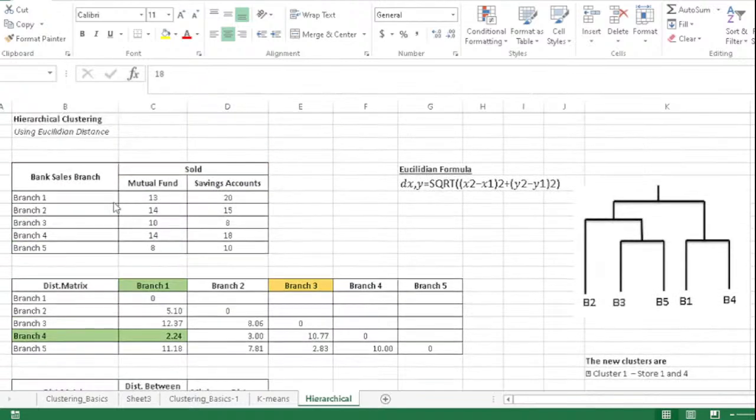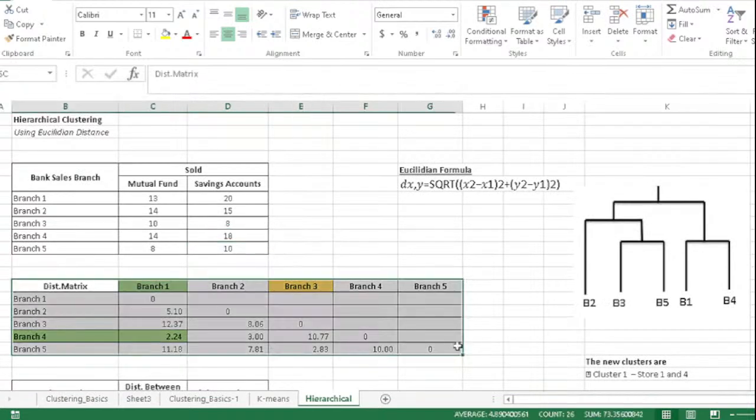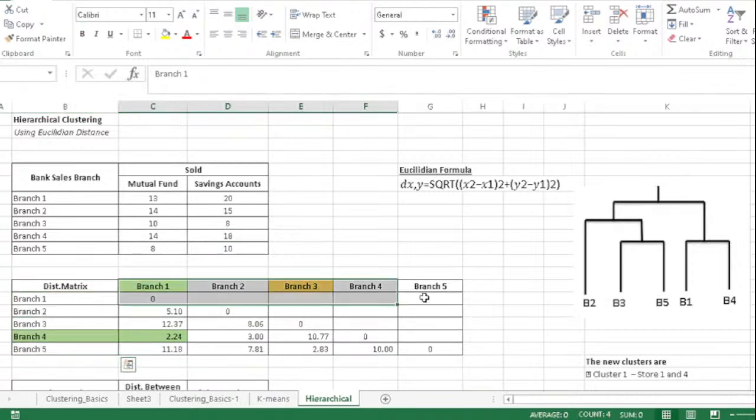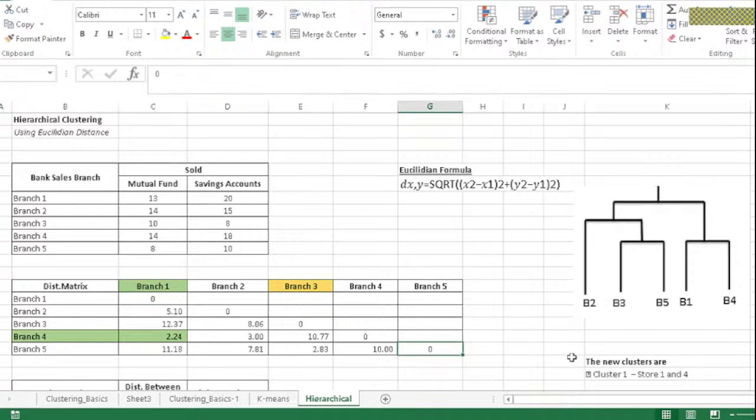First thing, I'm going to create a distance matrix. 1, 2, 3, 4, 5 and 1, 2, 3, 4, 5. Can you tell me why I am having 0 in the diagonal? This is a distance matrix calculating the distance of branch 1 with all the other branches, then branch 2 with all the other branches, and branch 3, 4 and 5.